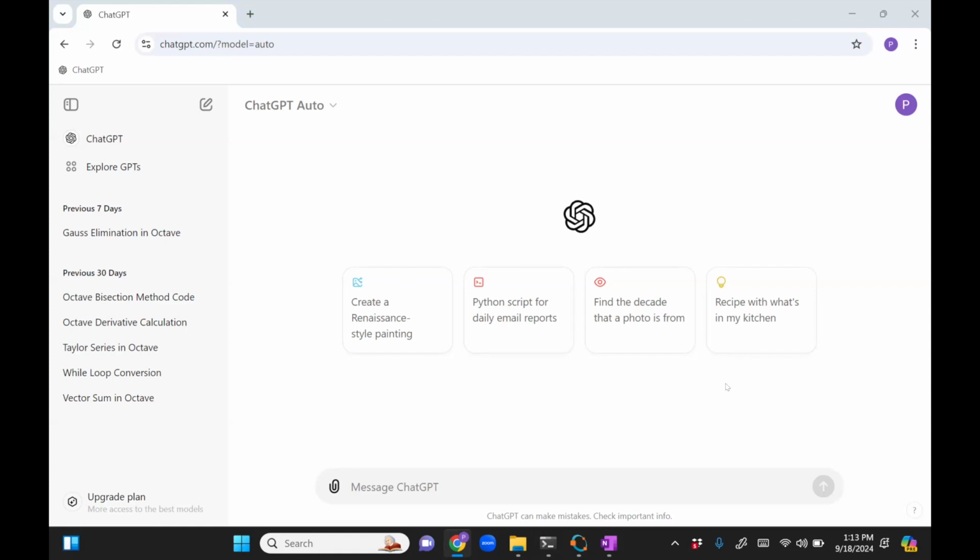Yes, I'll literally tell it what problem needs to be solved and see if it can generate the code for it. So solve using Gauss Jordan in Octave.